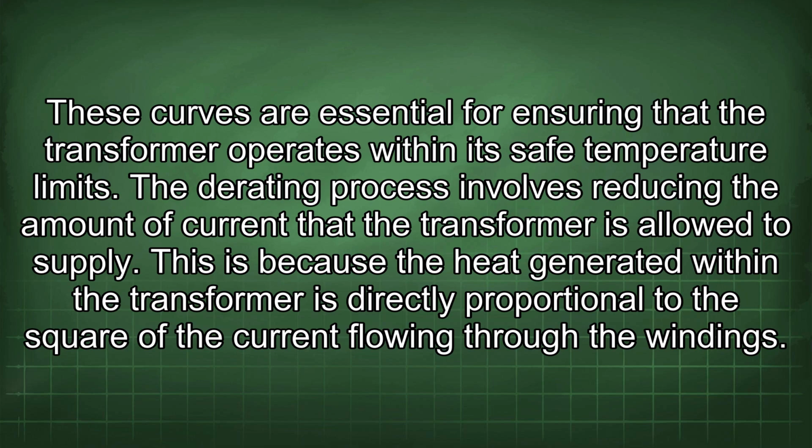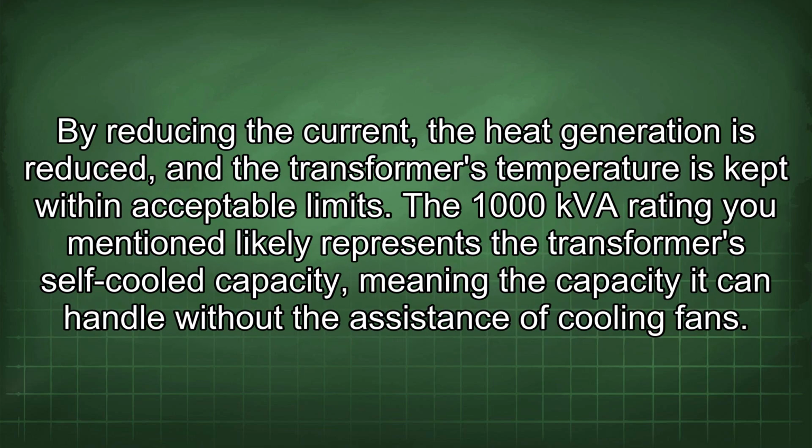The derating process involves reducing the amount of current that the transformer is allowed to supply. This is because the heat generated within the transformer is directly proportional to the square of the current flowing through the windings. By reducing the current, the heat generation is reduced, and the transformer's temperature is kept within acceptable limits.